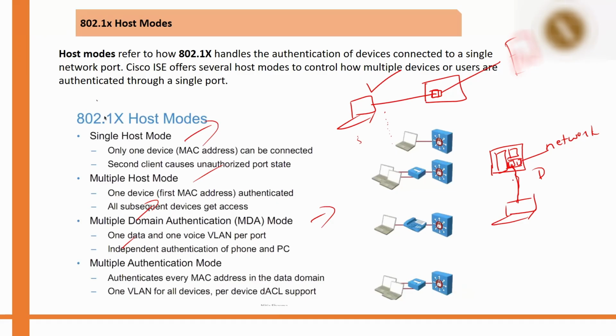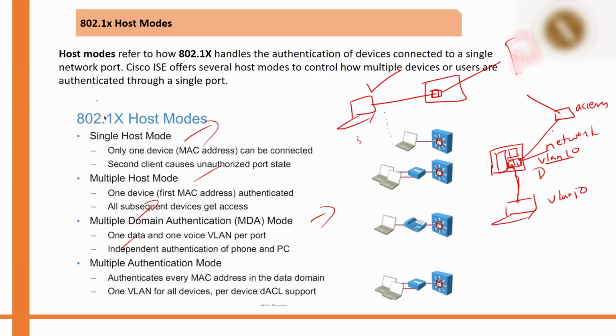Now what happens? You are connecting to a single port, but the voice is on VLAN 20 and the data is on VLAN 10. If you configure the switch port as an access port, you can allow only one VLAN. But here you are going to send VLAN 10 also and VLAN 20 also. So this is a special kind of access VLAN that you configure, where two VLANs' information is on the same access port.